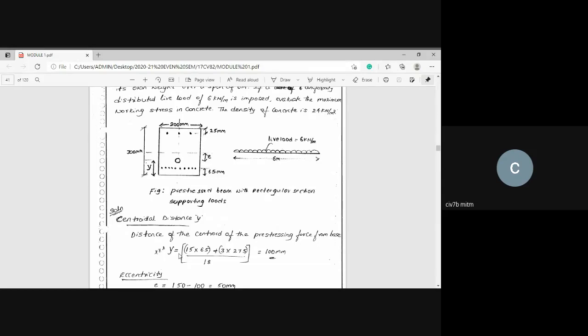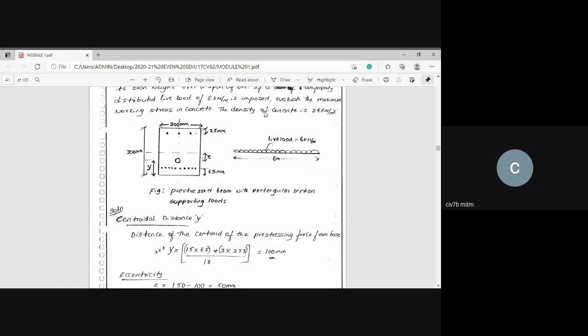Same way here I'm using the same formula: centroidal distance of the wires equals, let me consider the bottom section, 15 wires multiplied by the corresponding centroidal distance, 65 mm measured from the base.